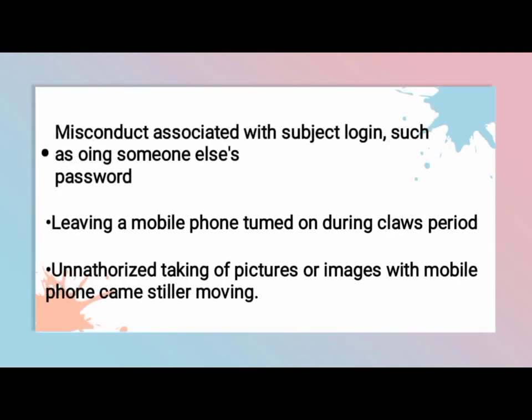And number 3, misconduct associated with the subject plugins such as using someone else's password. And number 4, leaving a mobile phone turned on during a class period. Number 5, unauthorized taking of pictures or images with a mobile phone's camera, still or moving.